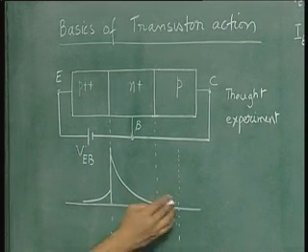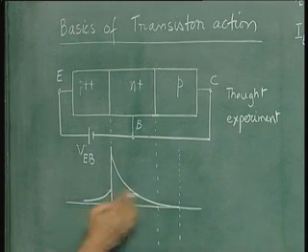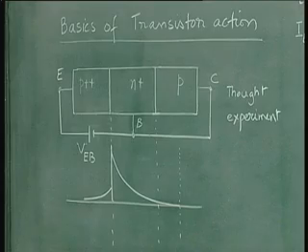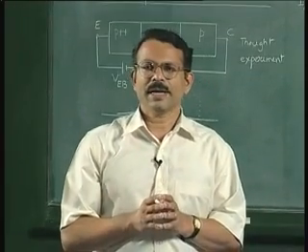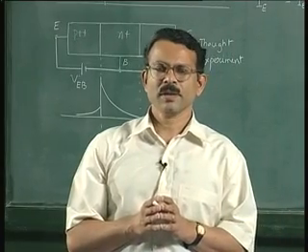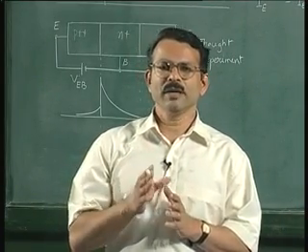Now when we say the collector junction is far away from the emitter junction, we have to give some feel for what is the distance. From the PN junction theory, we know that excess carrier concentrations decay exponentially with a characteristic length called the diffusion length.